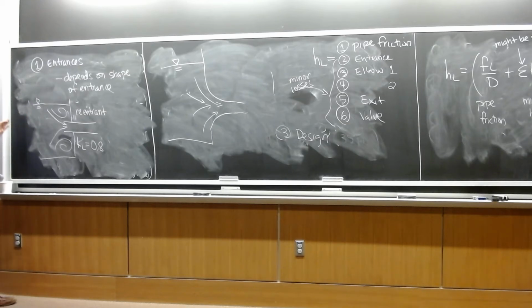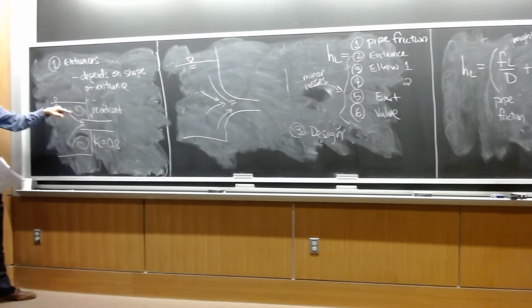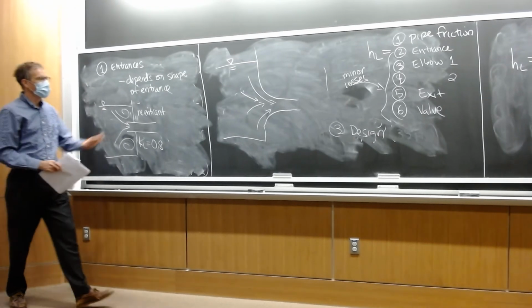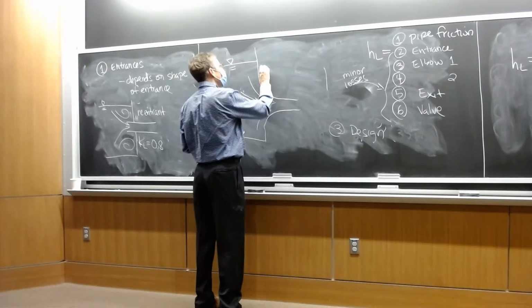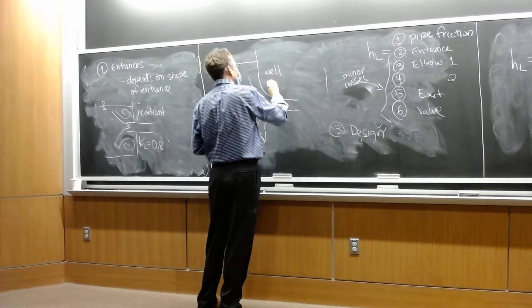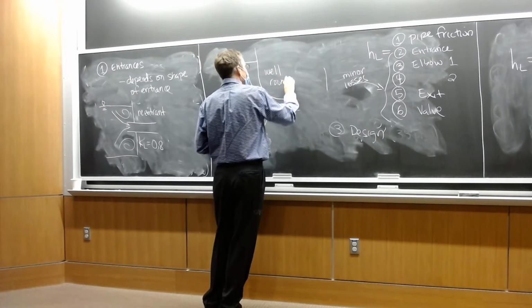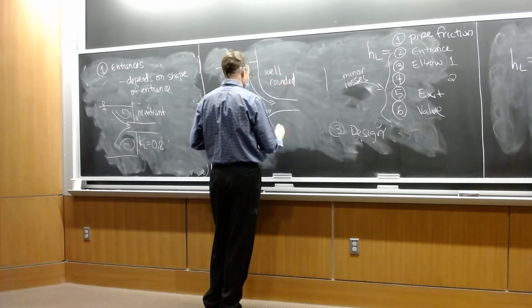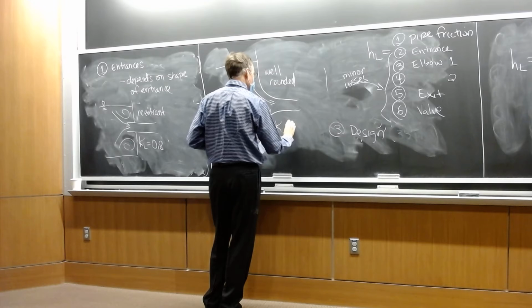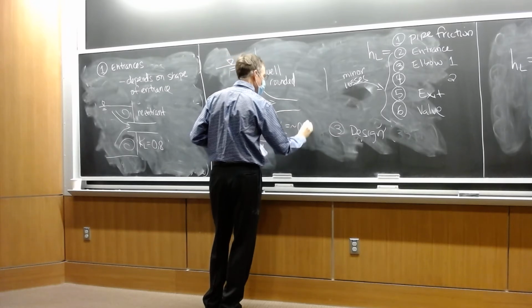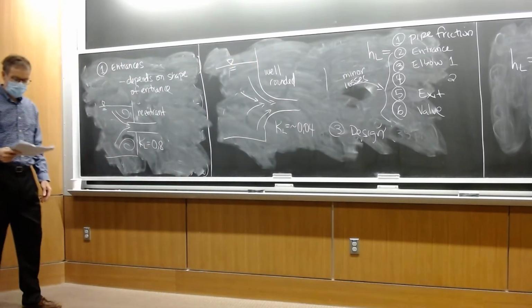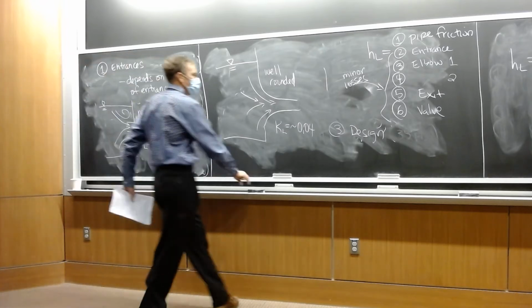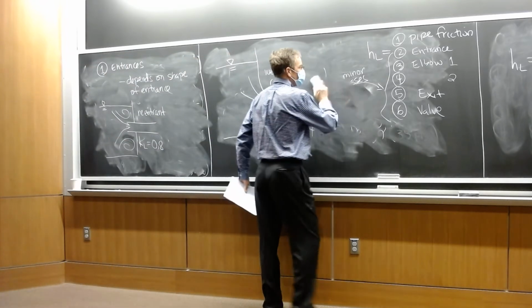So that flow energy, you're losing some in generating these eddies. You don't have something like that in a well-rounded entrance, and you can get a K of L close to zero.